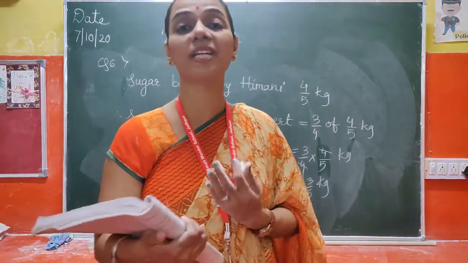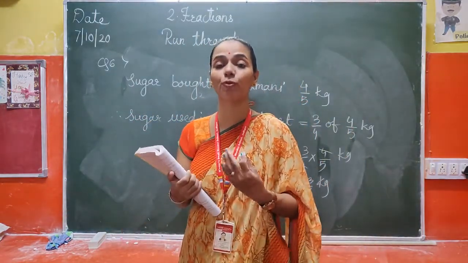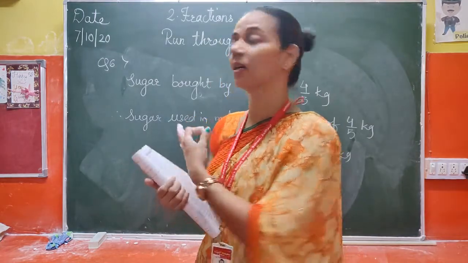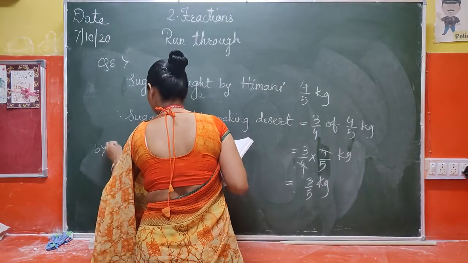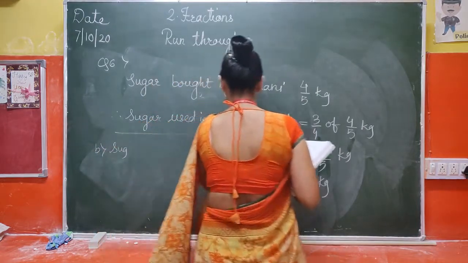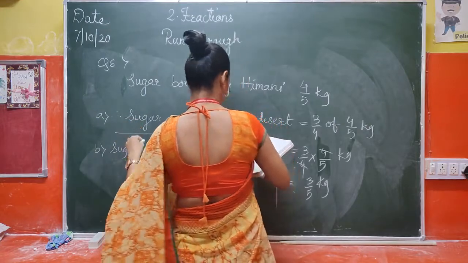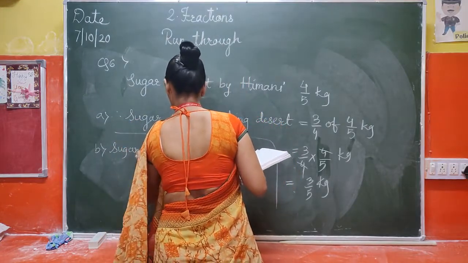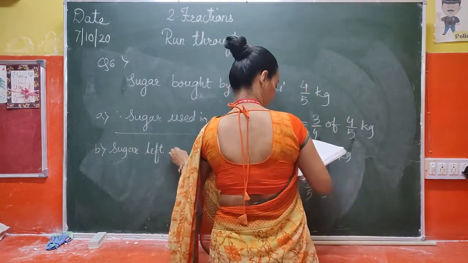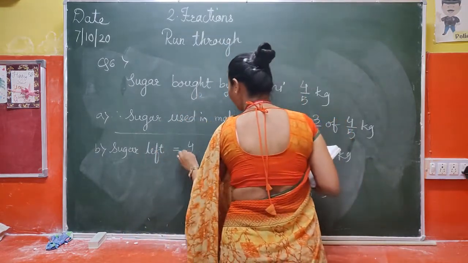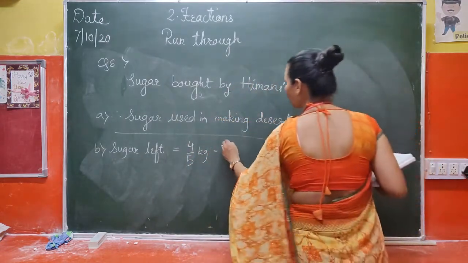Now how much sugar is left? If you want to find out how much sugar is left, what you have to do is just subtract the sugar used from the total sugar. So what will be B? Sugar left. This one is A. Now the sugar left will be, total sugar is 4 by 5 kg minus the sugar used, 3 by 5 kg.